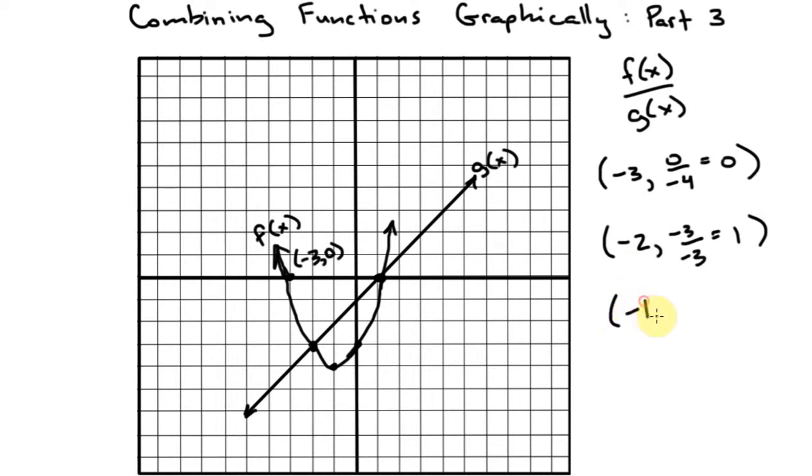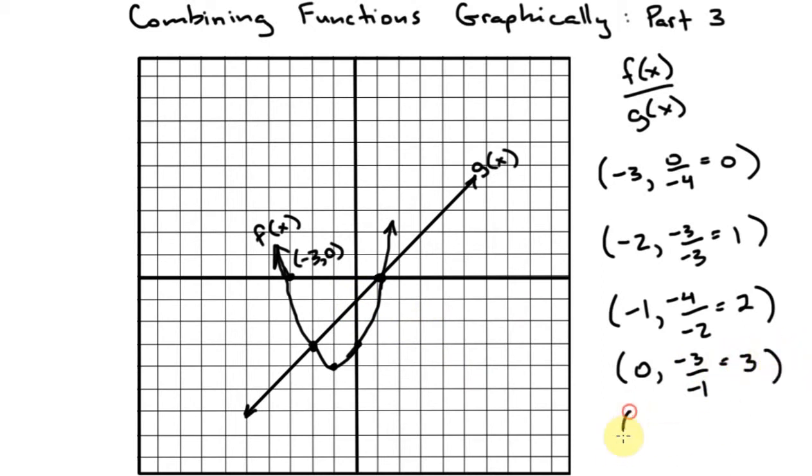Let's look at -1. Function f has a y value of -4, and the y value of g seems to be -2, so we are at +2. Let's throw in two more key points. At 0, the y value of f is -3, and the y value of g is -1, so we're getting +3.